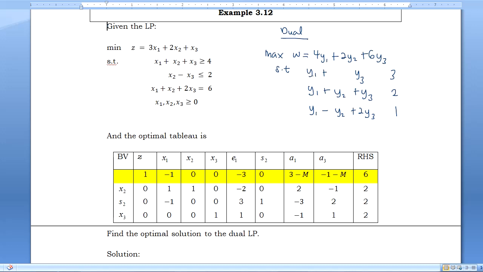Okay, let's look at the sign of the first variable in the primal. The first variable is non-negative, which is a normal variable for a normal minimum problem. Therefore, the sign of the first constraint is the sign for the normal maximum problem, which is less than or equal to.